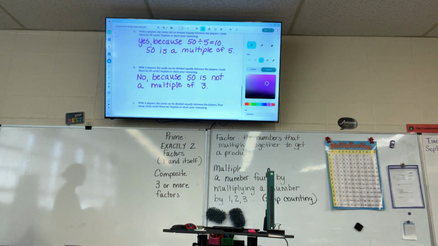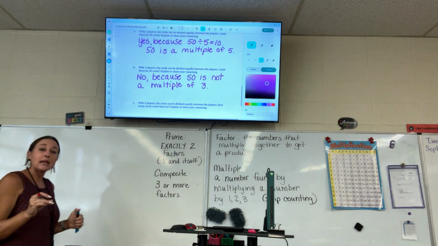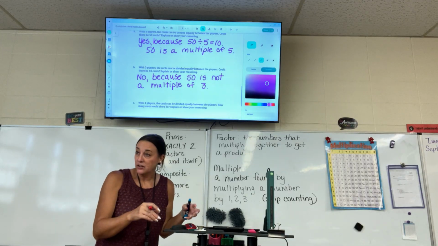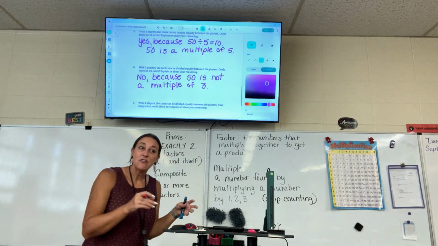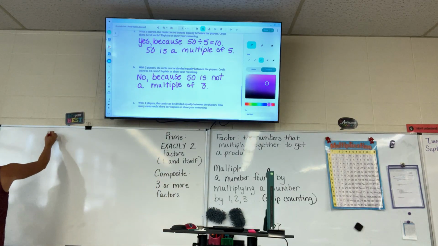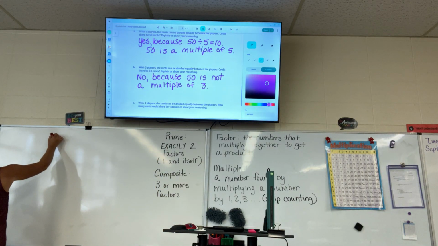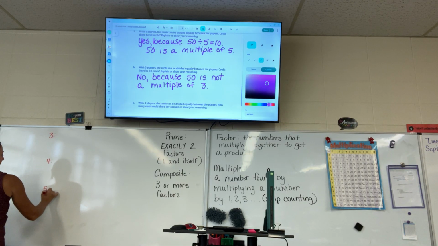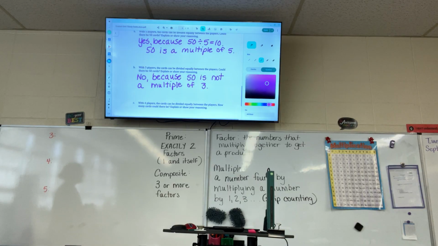And 3 players, they could divide the cards evenly. 4 players, they could divide them evenly. 5 players, they could divide them evenly. So what we're really looking for here is a common multiple. So we're going to skip count by 3, 4, and 5 and look for a number that appears in all those lists. Okay, you ready?